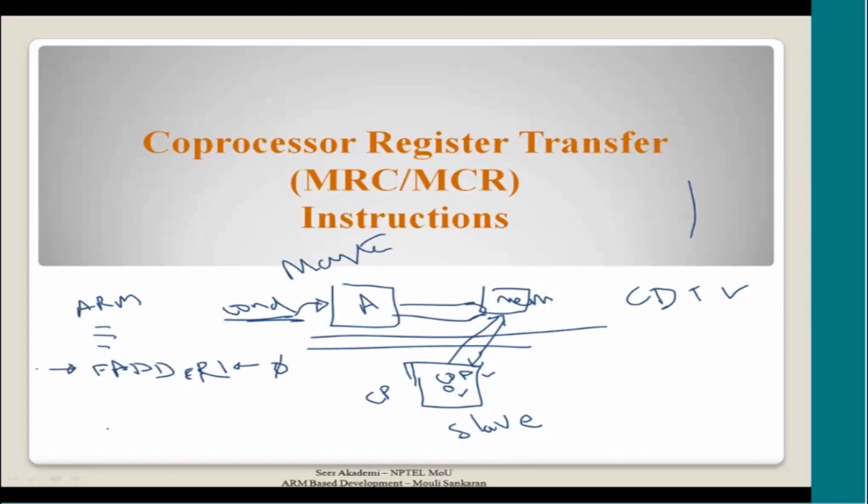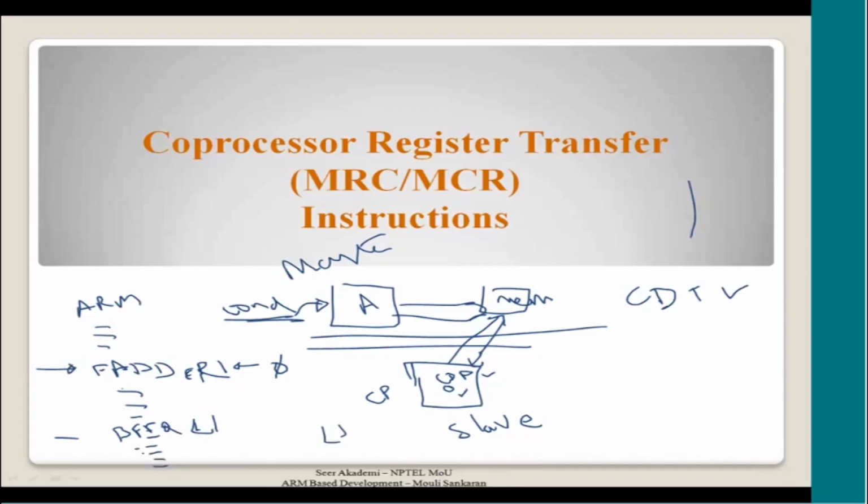Now down the line somewhere, suppose I want to branch if the floating point result is a 0. I want to go to the label L1, otherwise I want to execute the next instruction.